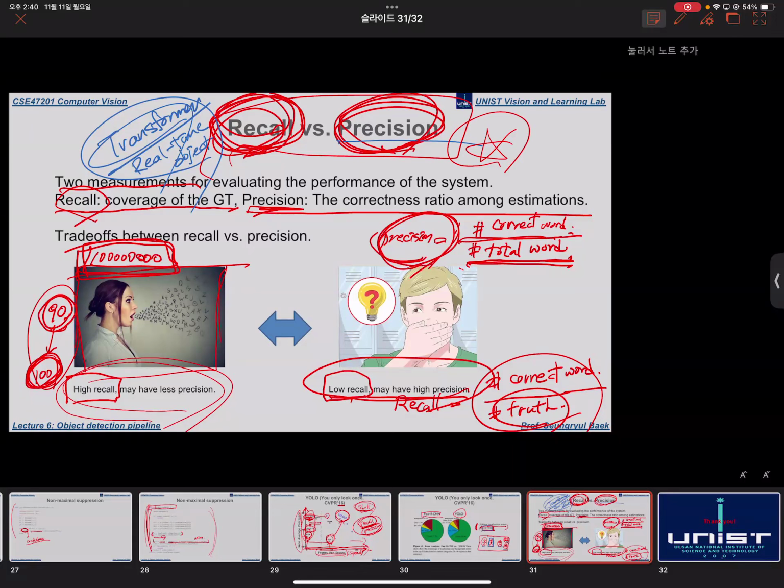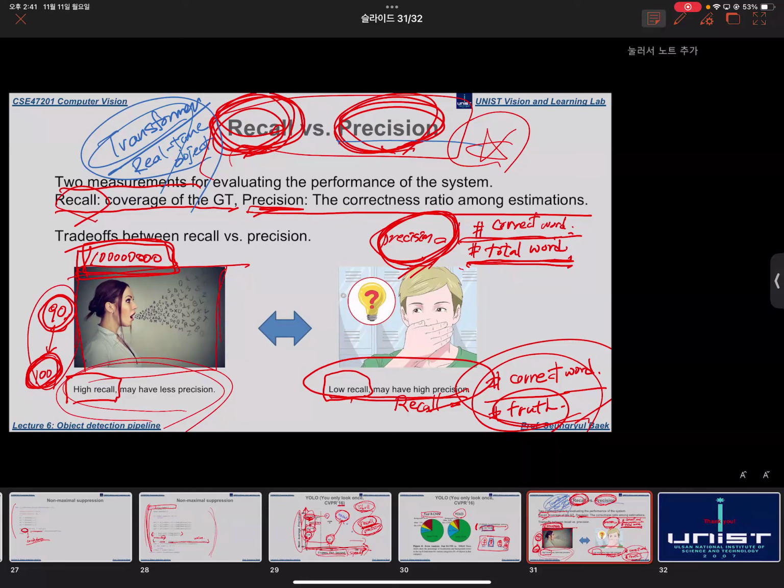Precision is calculated like this: among the outputs the system produces, how many are correct? That ratio is precision. But for recall, there may be n objects inside an image. Then how many of the n objects are covered?